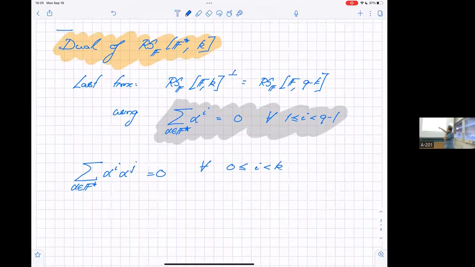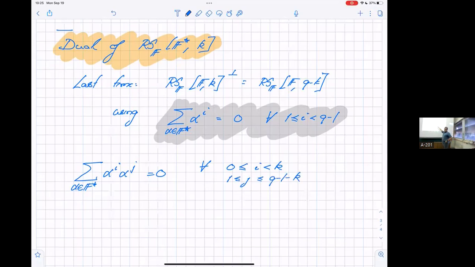That's because I want to take polynomials of this form. But I can't make i to be 1, so this exponent i has to be non-zero. If it's 1, this is not true. If it's 0, this is not true. So for all such i, and for all 1 less than or equal to j less than or equal to q minus 1 minus k, the statement is true.